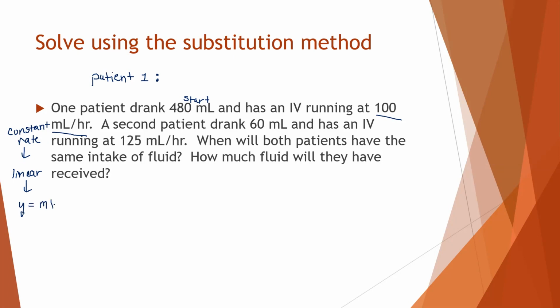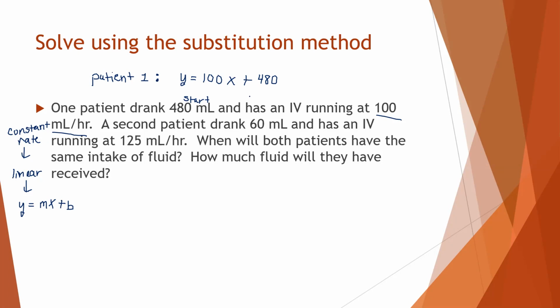And so using the information that we've learned the last several weeks, associating the constant rate with the linear is really helpful. So I write for my equation y equals, the m, or slope, is the constant rate, so in this case 100, x plus b, which is the starting amount of 480.